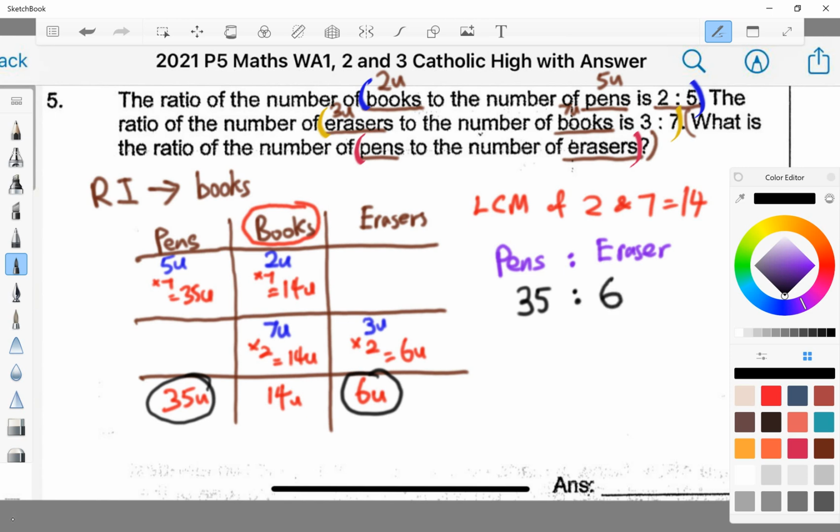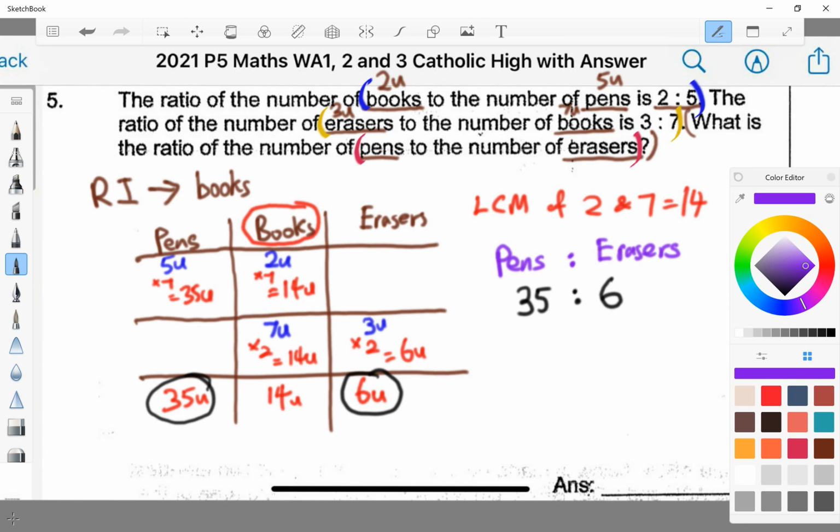Which means that they require us to have the ratio of 3 items first, whereby books is in the middle, and we have pens on the left, erasers on the right. And after we have obtained the ratio of 3 items, whereby it's 35 to 14 to 6, they want us to compare pens to erasers. Your answer will be 35 to 6.